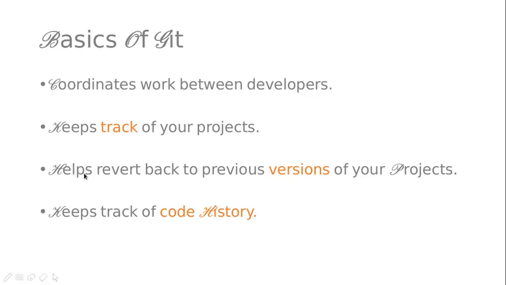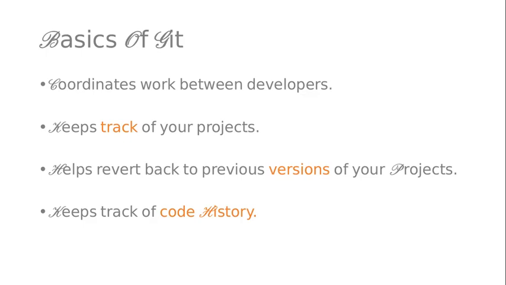The third point is that Git lets you revert back to previous versions of your project. So if you're working on a project and you've been saving that project on your Git repository, and maybe your app crashed and you couldn't debug it, you can quickly just use Git to revert back to your previous commits, start from where you left off, then continue your project.